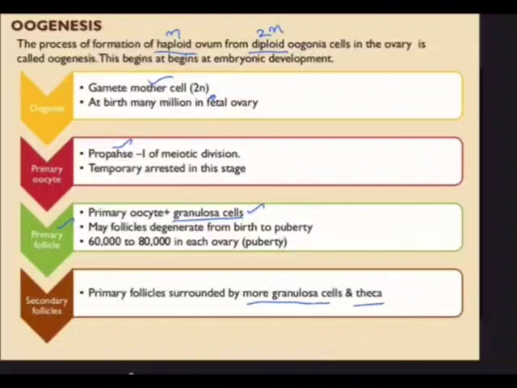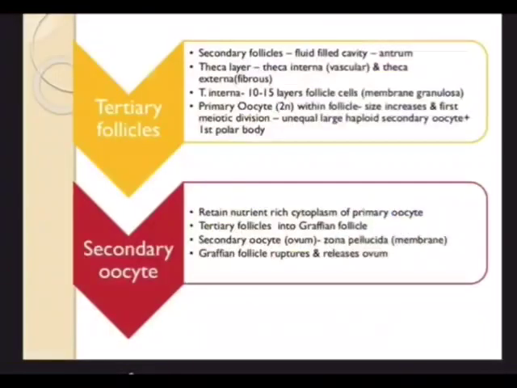The primary follicle leads to the formation of secondary follicles having more layers around it, like theca interna, which is very vascular, and theca externa. When the secondary follicle is surrounded by so many layers of theca, and it has a fluid filled cavity called the antrum, remember antrum, it forms what is known as the tertiary follicle.